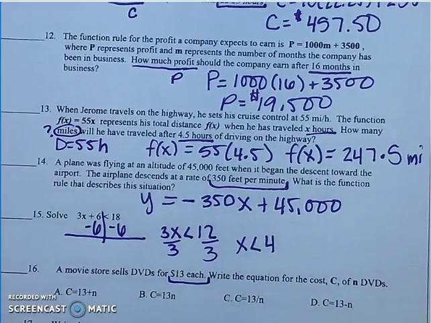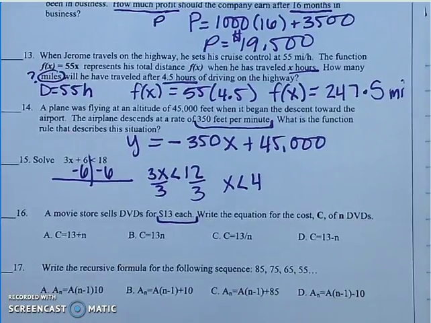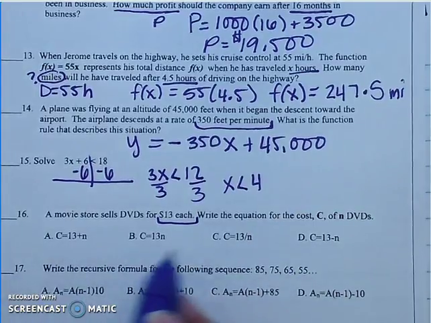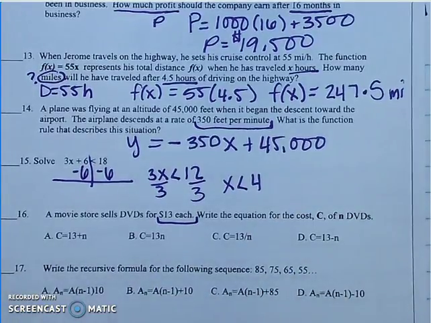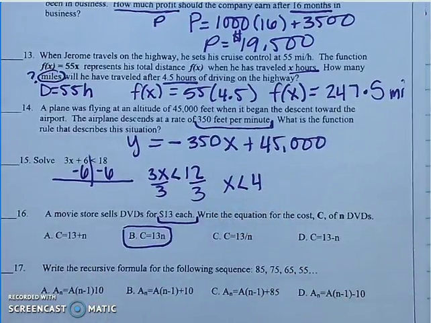So we're looking at the cost of n DVDs. If it's per DVD, it's each of them. That is multiplication. The only answer choice that offers a multiplication with 13 and n is B.